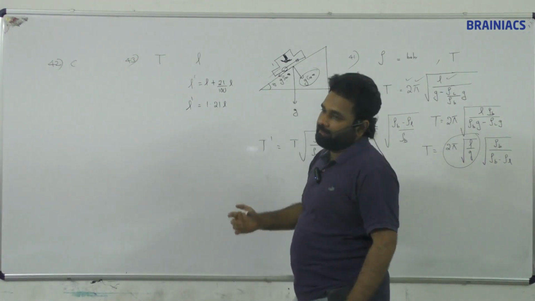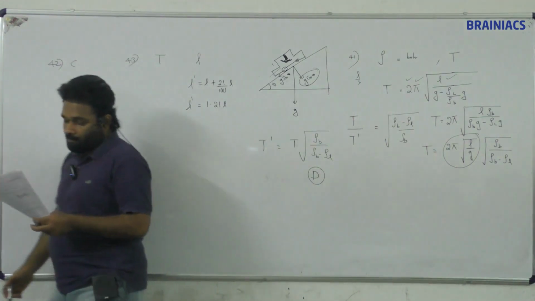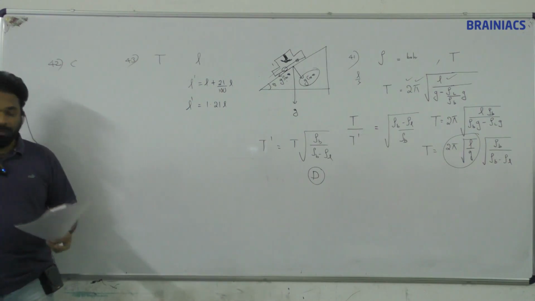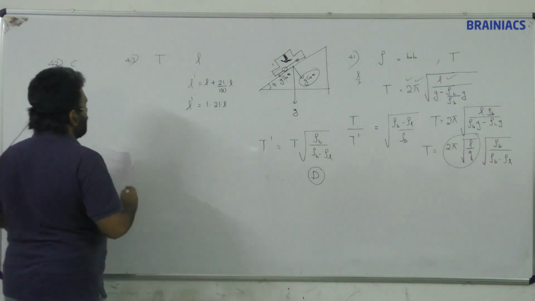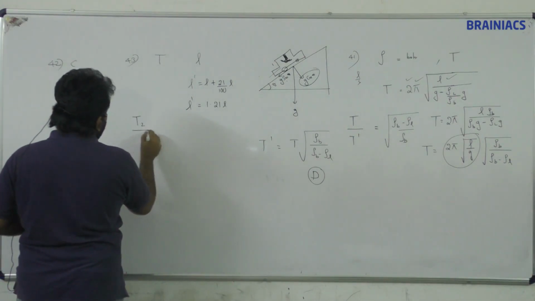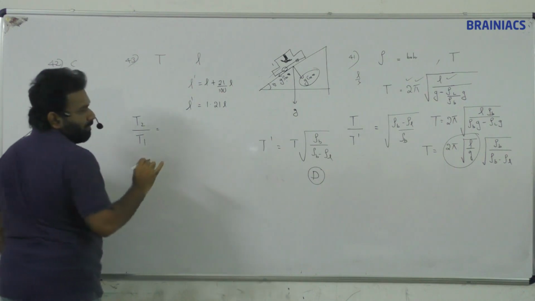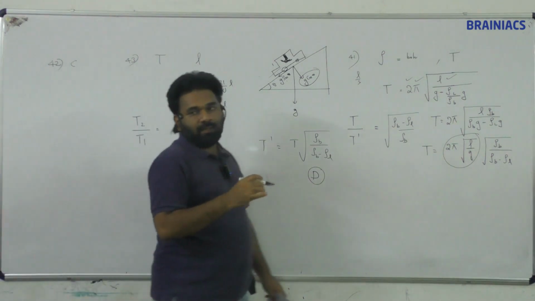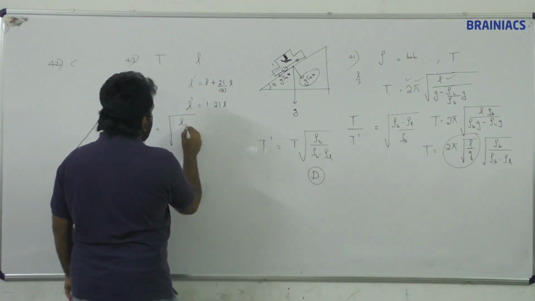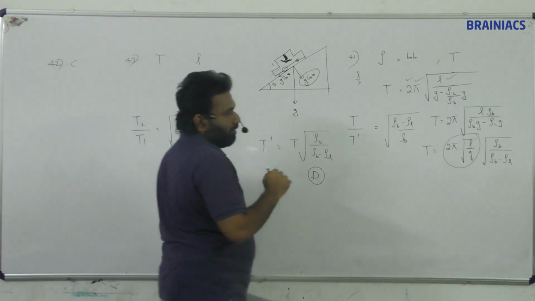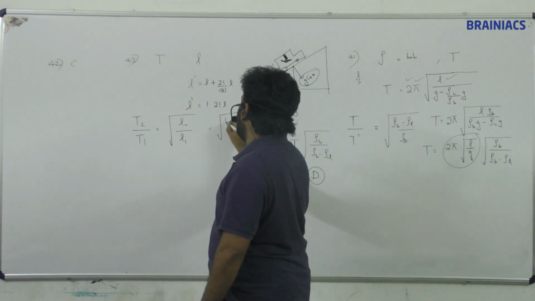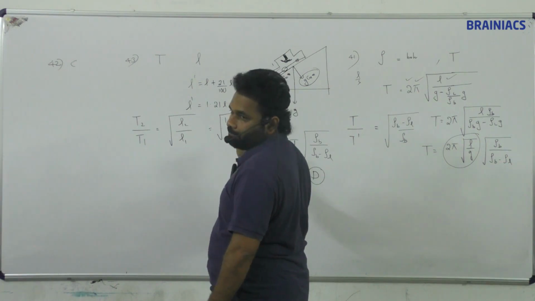So this is the length. Now what are they asking? The percentage increase in the time period of the pendulum. So I could say T2 by T1, 2 pi root L by g, everything else is the same. This is equal to root of L2 divided by L1. So I can write this is going to be root of 1.21.